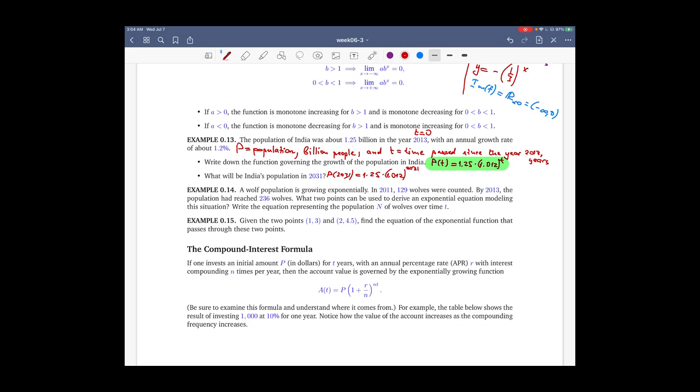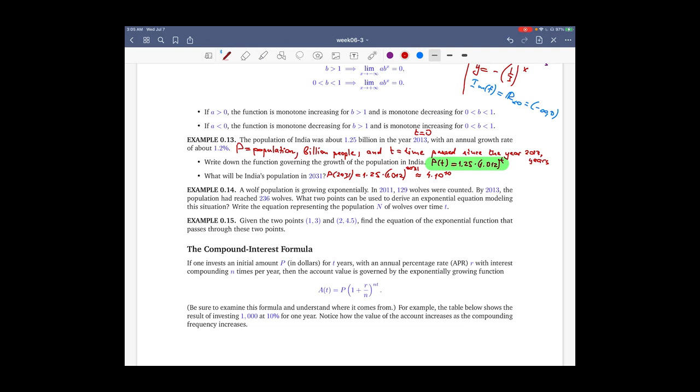If you actually do that, you will obtain that the population of India in the year 2031 will be 4 times 10 to the power 10, but not 10 to the power 10 people. 10 to the power 10 is 10 billion.